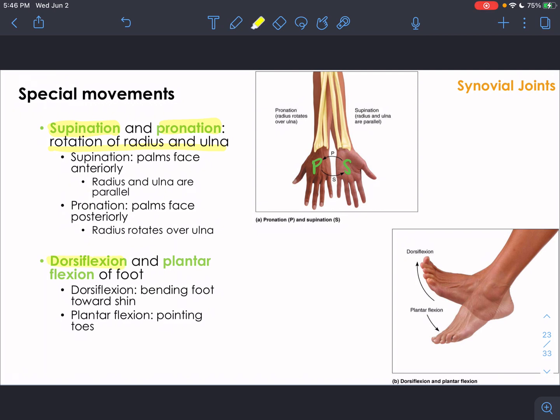Then you have dorsiflexion and plantar flexion of the foot. Dorsiflexion is bending your foot towards the shin. Plantar flexion is pointing the toes. Okay, so if you put your toes towards the sky, dorsiflexion, flexing your foot if you've ever been a dancer, flexing the foot. Pointing the foot is plantar flexion, putting your toes down.